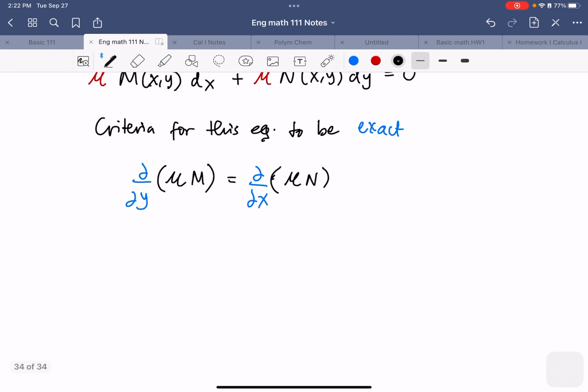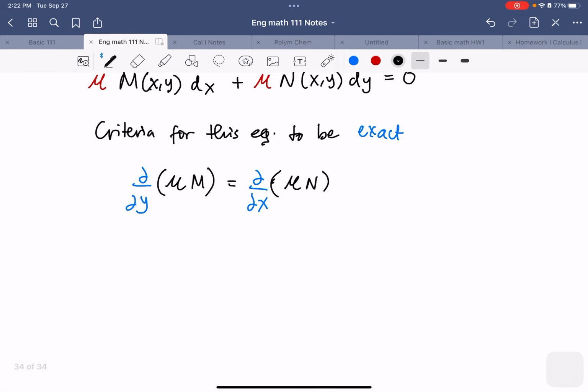So we have mu times M sub y, which means partial y. Remember in your calculus we can also write like this. Plus, product rule, mu y times M. Same thing on the right side: mu times N x plus mu x times N.